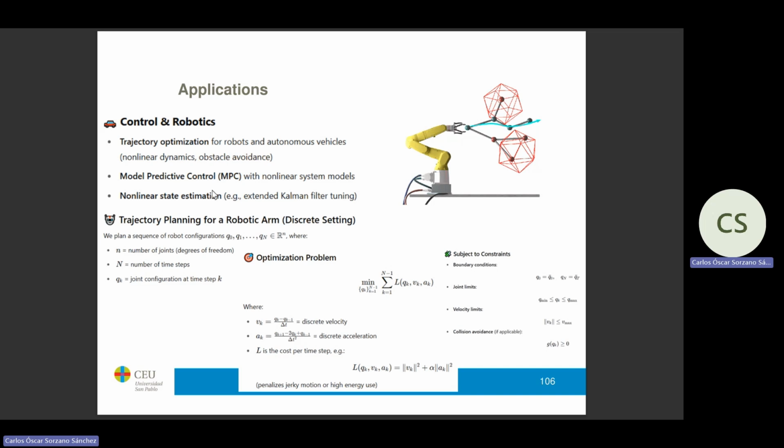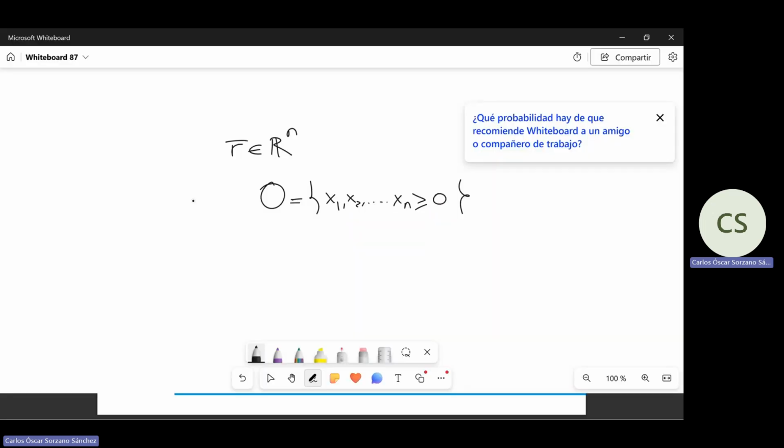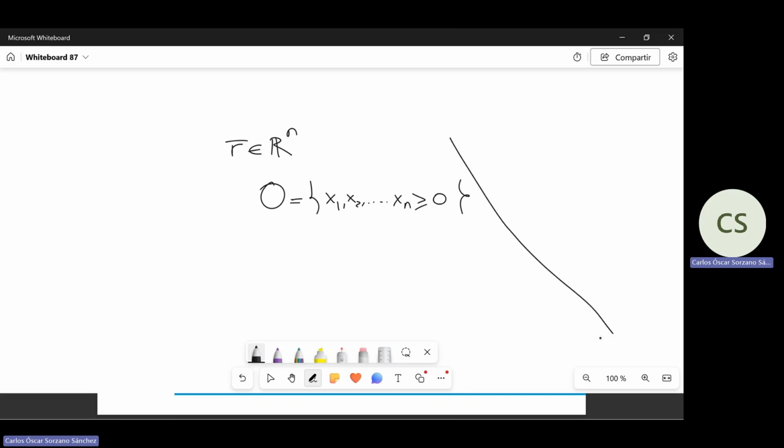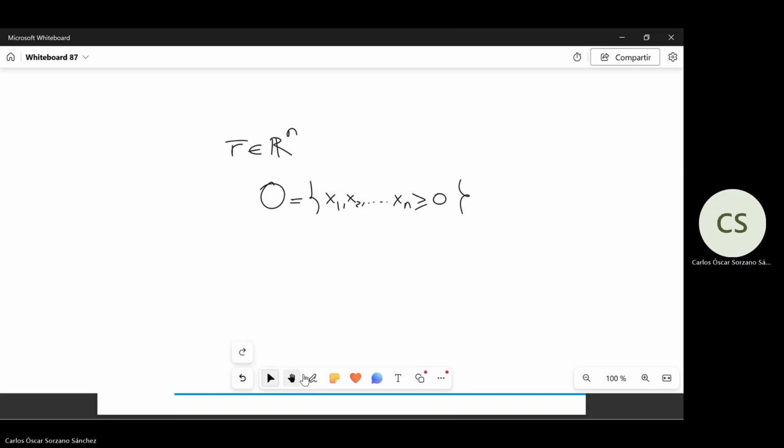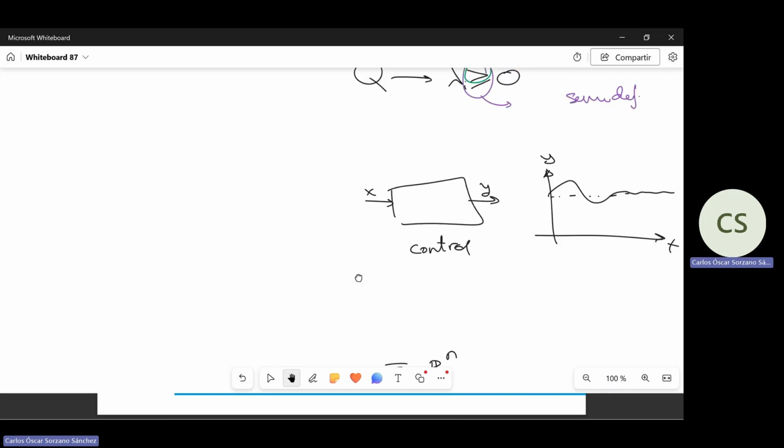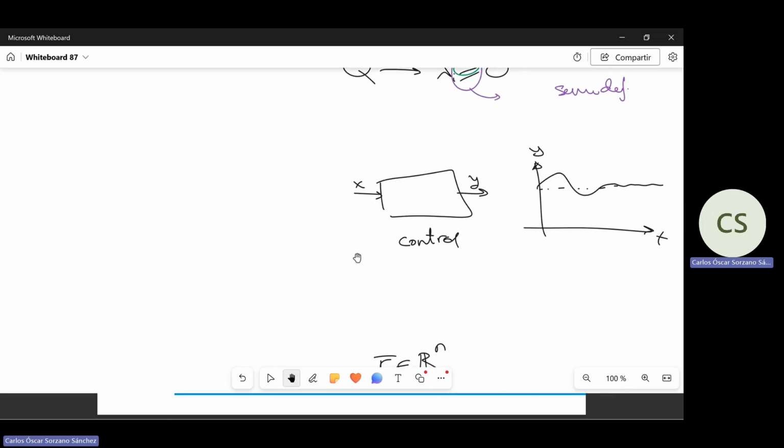Or nonlinear state estimation. This is another family of problems, and that is very interesting. This system has some internal state, the state of the system that you cannot observe.